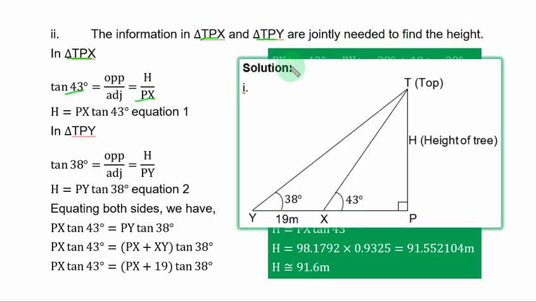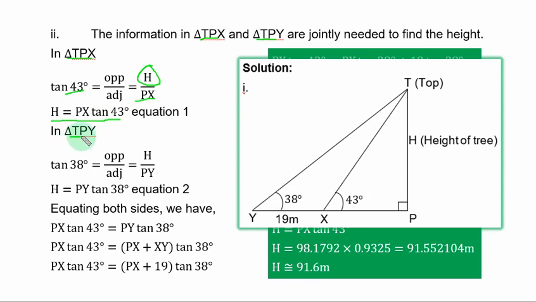So we are looking at triangle TPS. For this angle you have opposite and adjacent, so you use tangent. Opposite is the height, adjacent is PS. If you make the height the subject, you have this. Let's call this equation 1.